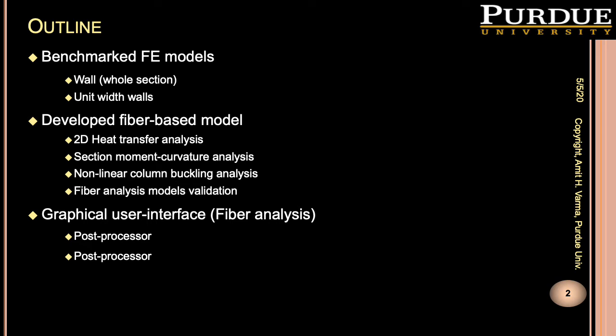This fiber-based model was validated based on the experimental and finite element analysis results. And also a graphical user interface was developed to allow the user better interaction with the fiber-based model.